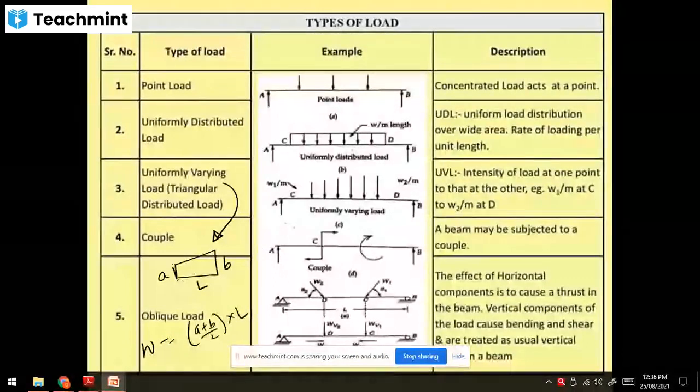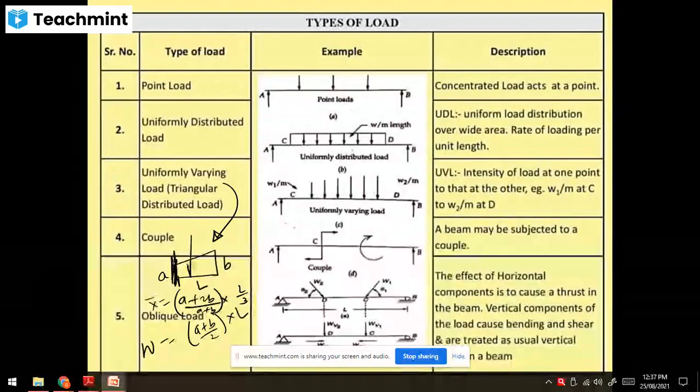And where it will act, from the smaller side, that is x bar is equal to (A plus 2B) by (A plus B) into L by 3 from this point, from the smaller side. From this distance, the equivalent point load W is acting.